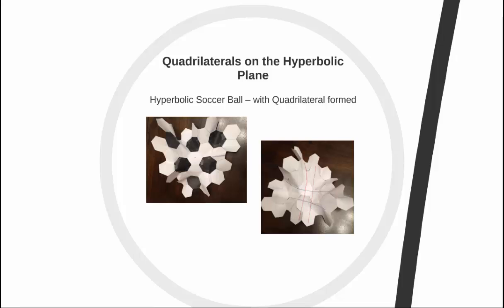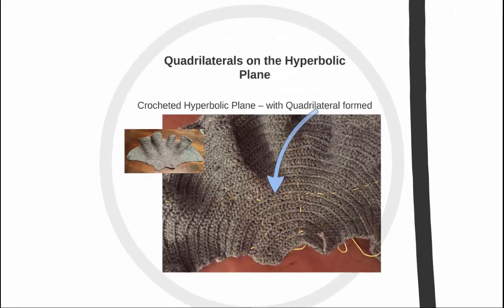I created a hyperbolic soccer ball and drew the quadrilateral on the one on the right, so you can see the pink lines and the blue lines form the quadrilateral on the hyperbolic plane. I also crocheted the hyperbolic plane and formed the quadrilateral with the yellow lines.